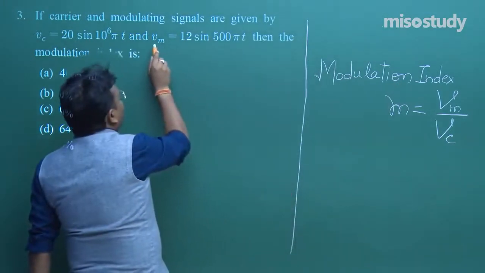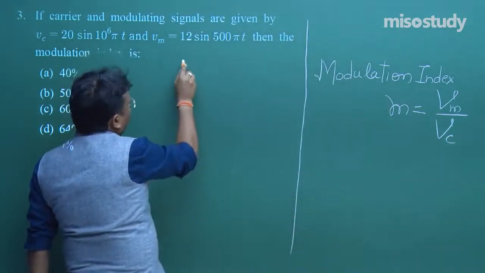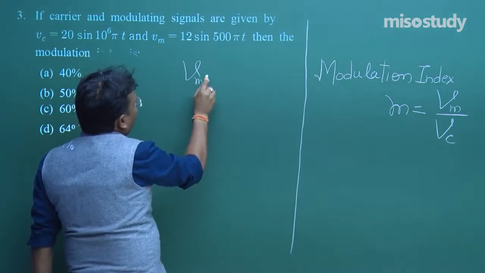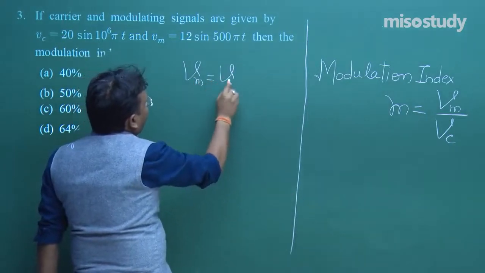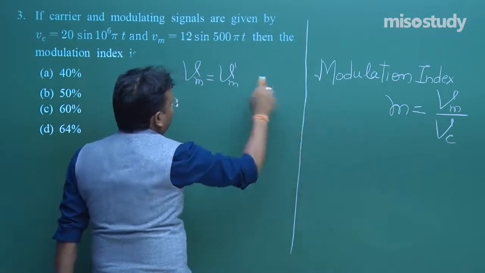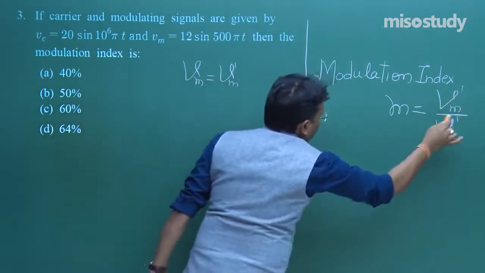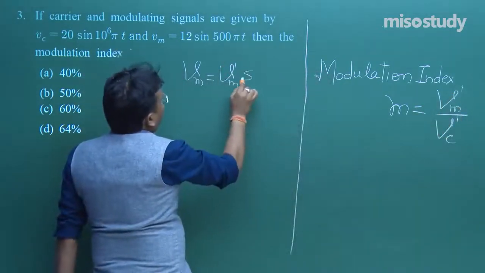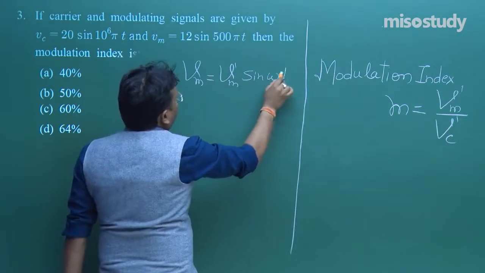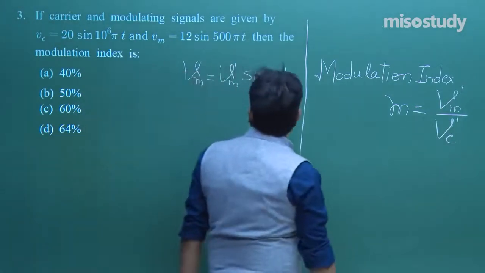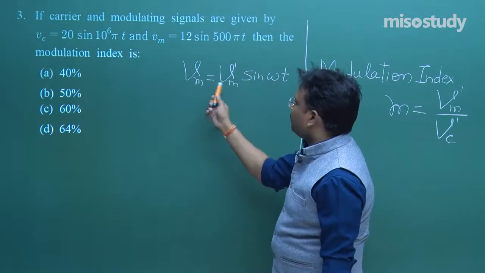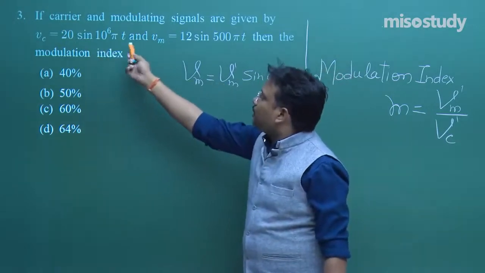Now, as you can see, Vm is equal to this much. So, if I am writing Vm is equal to Vm prime sin omega t, I think I should use this prime over here. The equation is given to you in this manner. Similarly, you can compare this relation also.